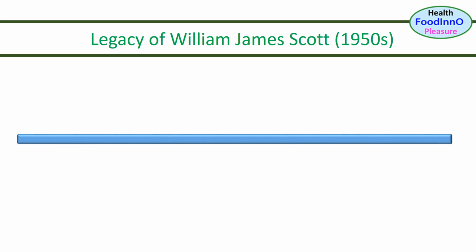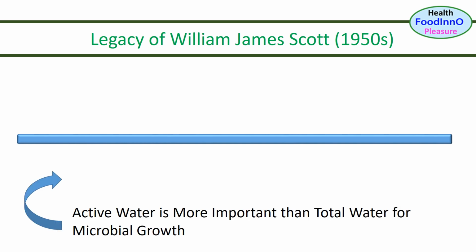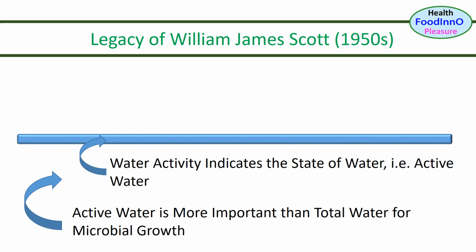Why water activity, not water content? In the 1950s, William James Scott, an Australian biologist, clearly identified that active water correlated well with microbial growth in foods rather than the total amount of water. As I mentioned earlier, water activity indicates the state of water, that is its activity.